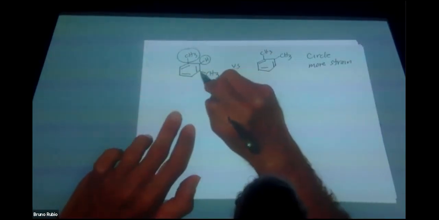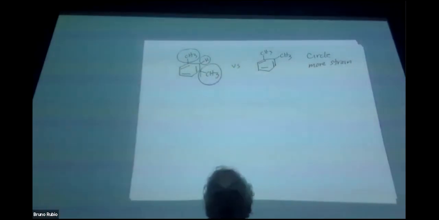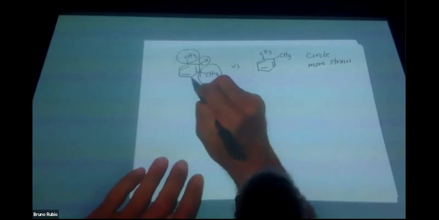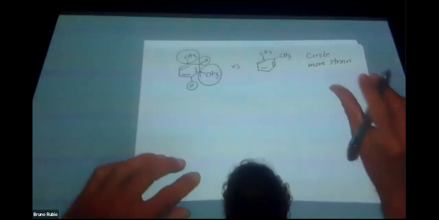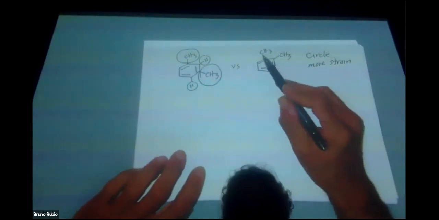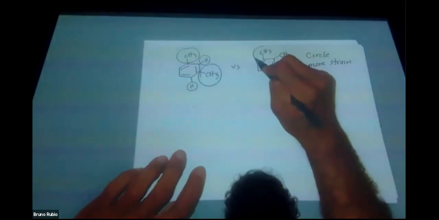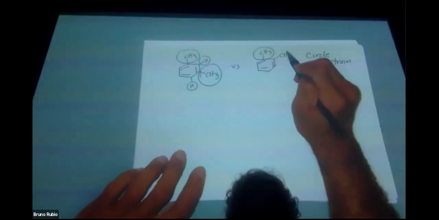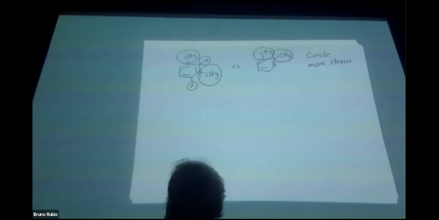And then this methyl group is surrounded by a sea of electrons as well. So something like that. There's a hydrogen here as well. So maybe that's the situation over here. But in this guy, this 1,2-dimethylbenzene, we have a big sea of electrons around this methyl group that has now interpenetrated the sea of electrons around the neighboring methyl group, and that is causing the steric strain.